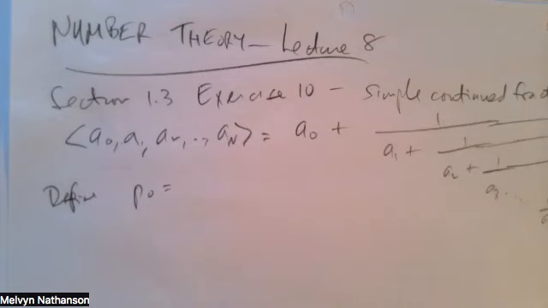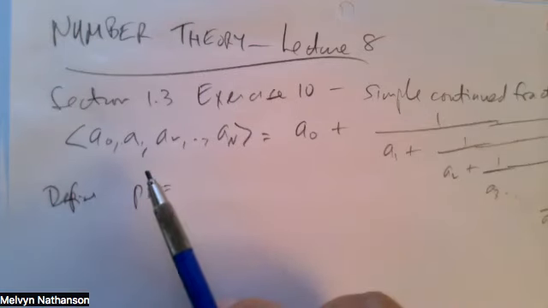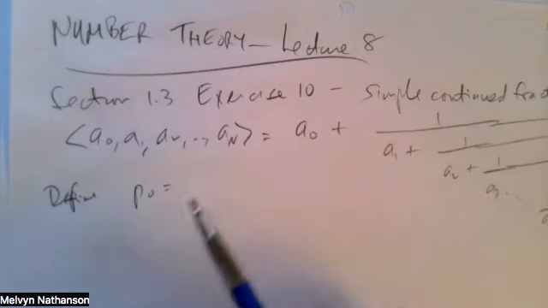Okay. And problem 10 starts by saying let A0 up to AN be a simple continued fraction. Oh, yeah, I'm sorry.